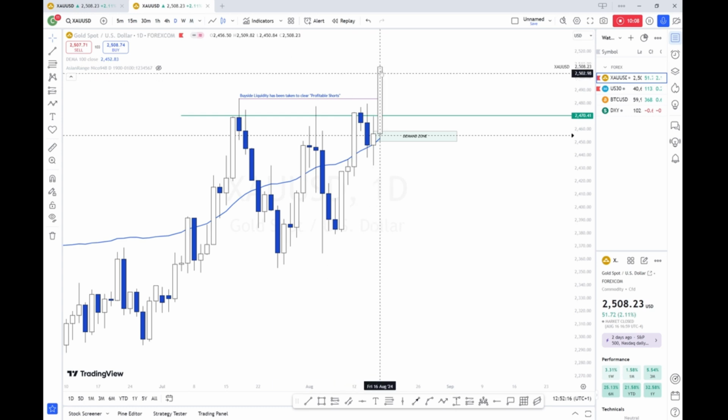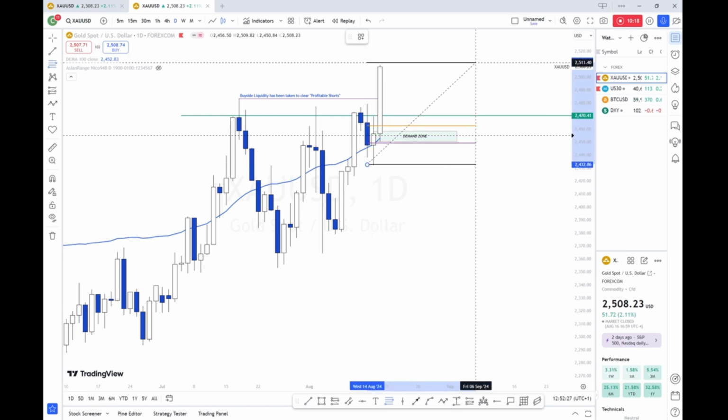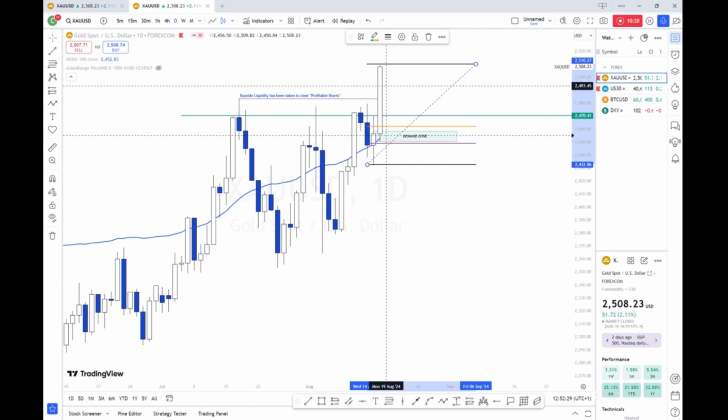That means I'll be looking for buys around the zone here. Let me draw my fib. So I'm looking to buy around this discount zone here. I'm expecting price to dip into this zone, then buy.